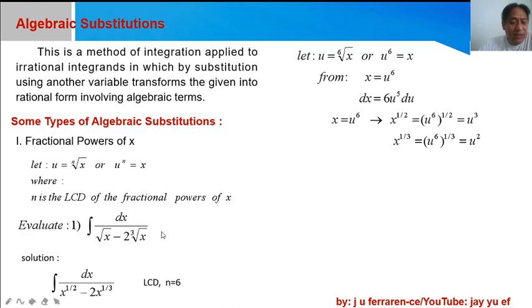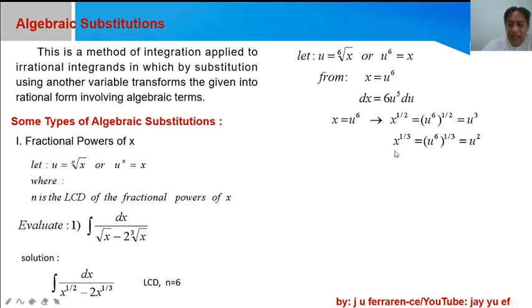Now, looking for a substitute of x to the power 1/2. From x equal to u to the power 6, raise this to the power 1/2 both sides. So x to the power 1/2, and we have u to the power 6 also raised to the power 1/2. The product of 6 times 1/2 is equal to 3. That is why the square root of x can be replaced with u to the power 3.